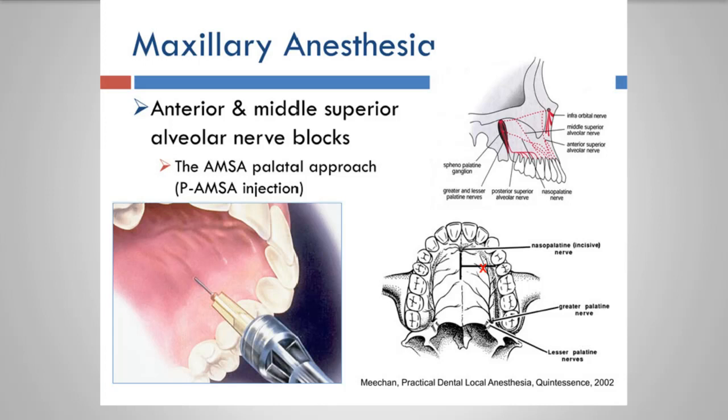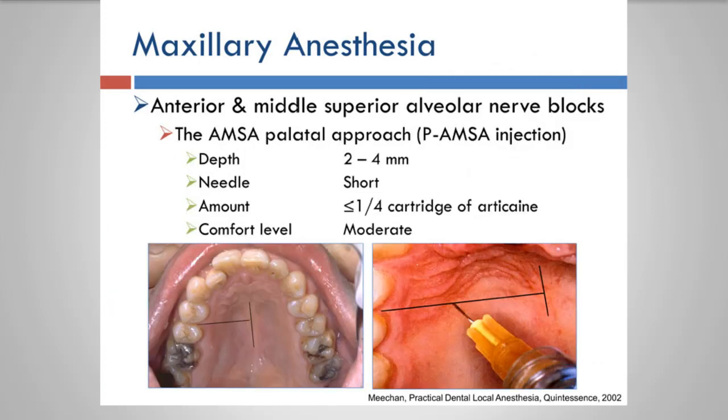Now, the simple way to think of this is that it's basically at the junction between the more horizontal hard palate and the more vertical alveolar process. That's basically your injection site, which should be a little bit above the apices of these bicuspid teeth. So our depth of penetration, because this is a palatal injection, is going to be very minimal, easing it into the tissue.